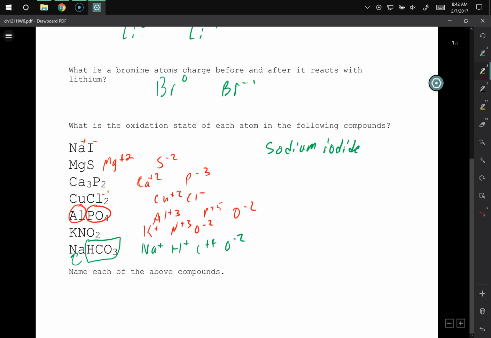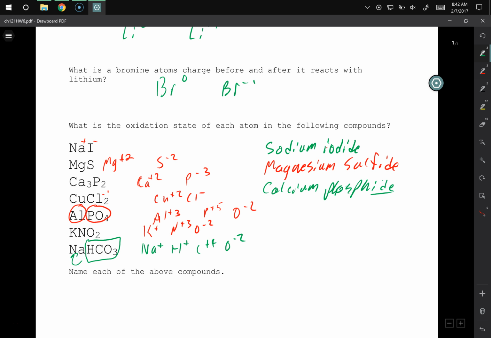Sodium iodide, and then the next one? Calcium phosphide. Next one? That is correct. Copper 2 chloride.